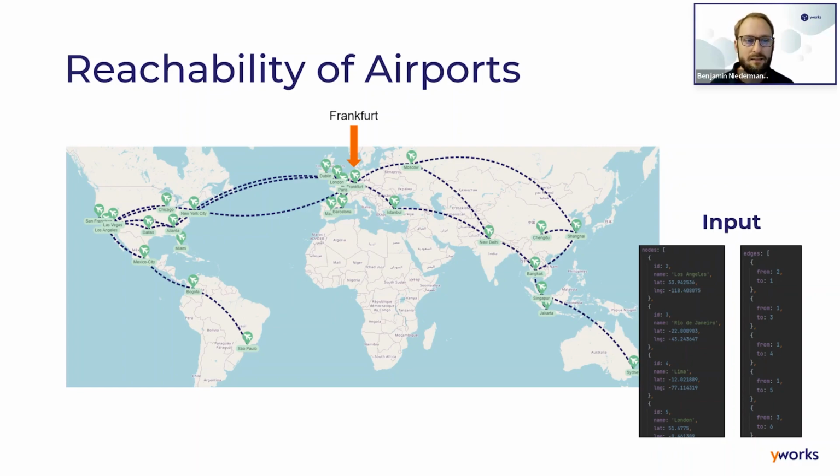And the idea is that we would like to visualize the reachability of the airports starting at Frankfurt, a large airport in Germany. And then based on this, I want to show you how to create a radial layout.